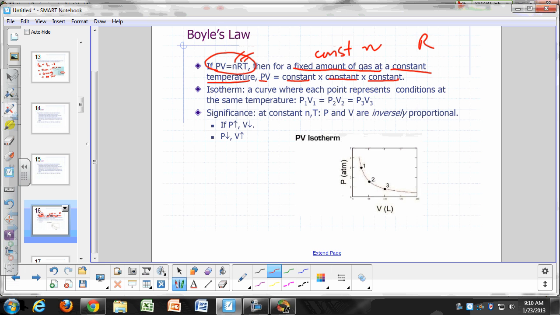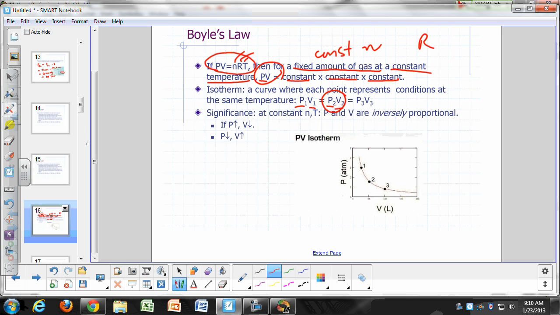Now, if the product of two things is a constant, we say that they are inversely proportional. If one goes up, the other has to go down. Right? So we can say that in one instance, whatever the pressure is, let's say it's P1 and the volume is V1, in another instance, for as long as you're maintaining the number of moles of gas and the temperature, then the pressure at another instance, let's say P2 and V2, the product of P and V would be the same.